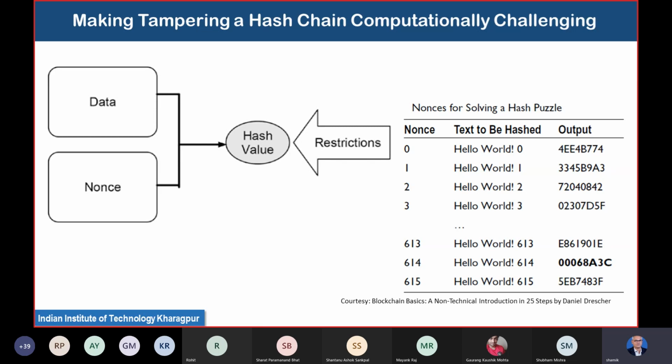So maybe this 614 with 3 leading zeros itself also satisfies the case with 2 leading zeros. But maybe we saw that if we had, say, 11 as the value of nonce, we got some output possibly with 2 leading zeros. So this is how one can determine what would be the value of the nonce so that the required number of leading zeros can be obtained.